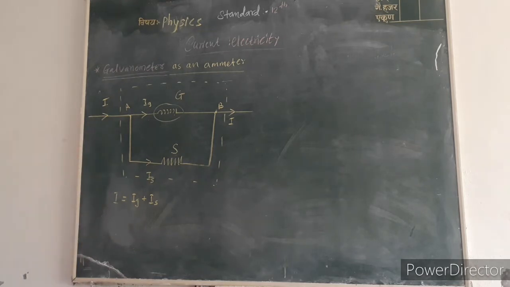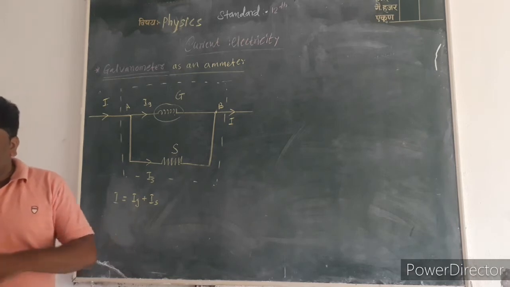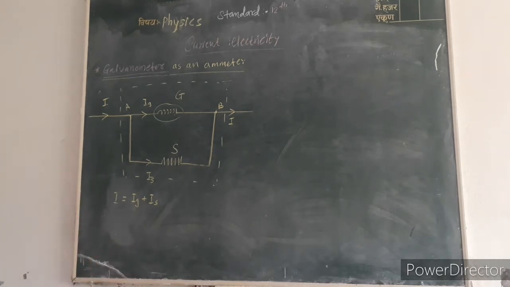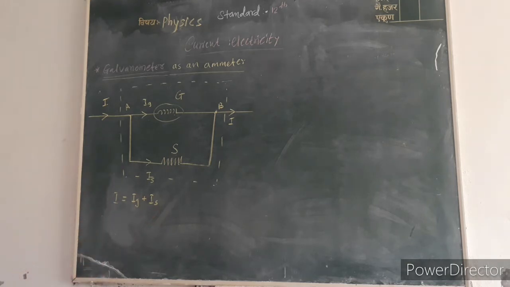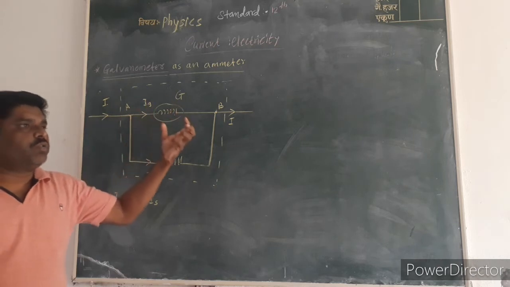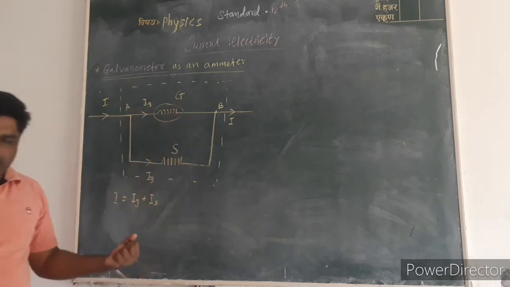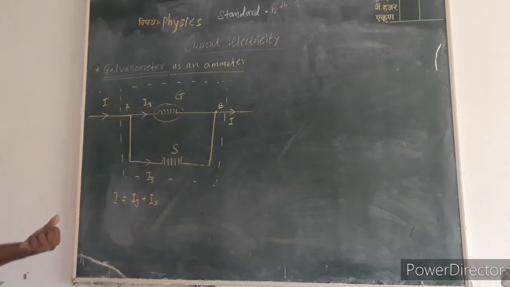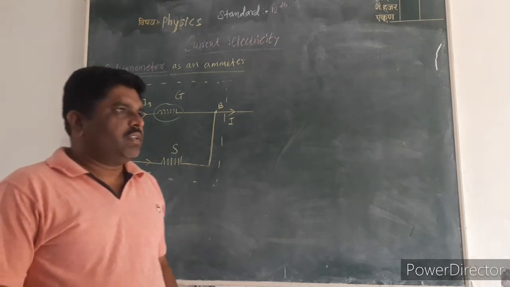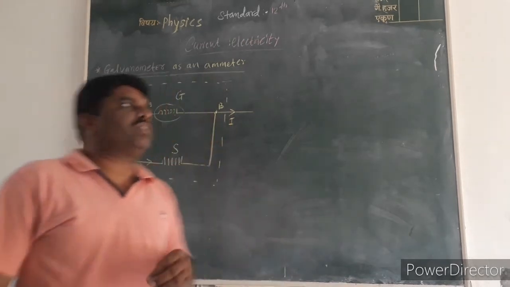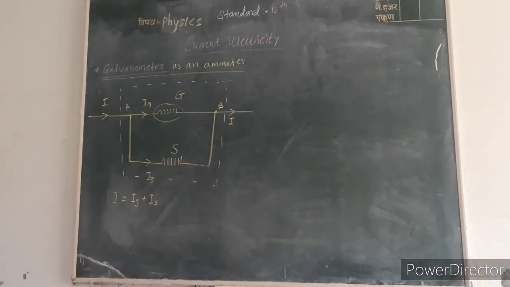When a very low or very small resistance is connected parallel with the coil of galvanometer, then this device is ready to measure current in the circuit, and that device is called ammeter. This is the simple definition of ammeter.